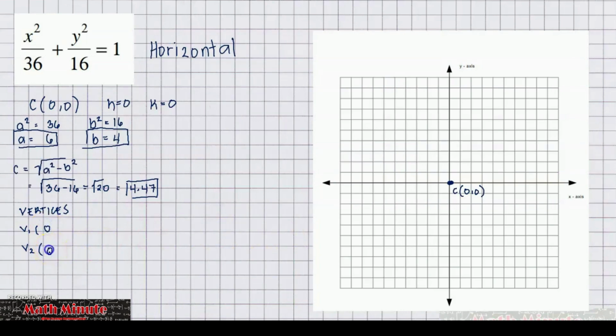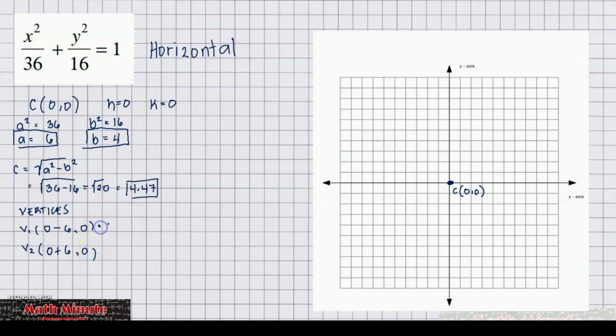Then we will subtract and add, since this is horizontal, meaning for your main vertices, you will just add and subtract values from h. Next will be putting the value of a here, then comma to give way for the value of your k. So here, you just need to copy the value of your k.